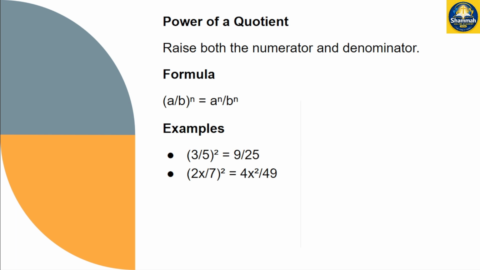In the second example, we have (2x over 7) in brackets raised to power 2. How do we do that? It will become 2 raised to power 2, x raised to power 2, all over 7 raised to power 2, which gives us 4x squared over 49.